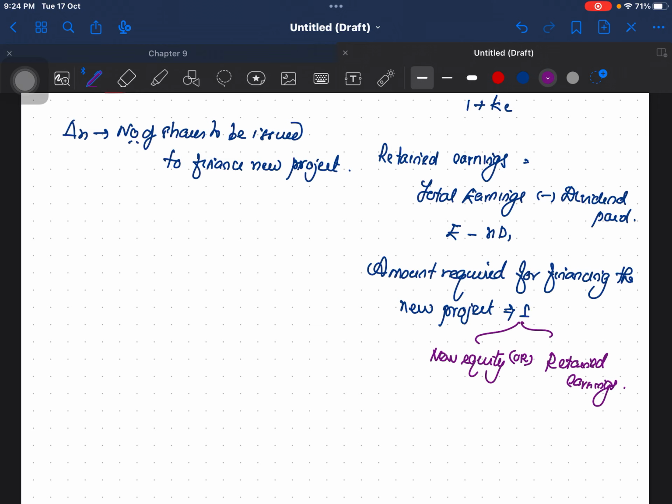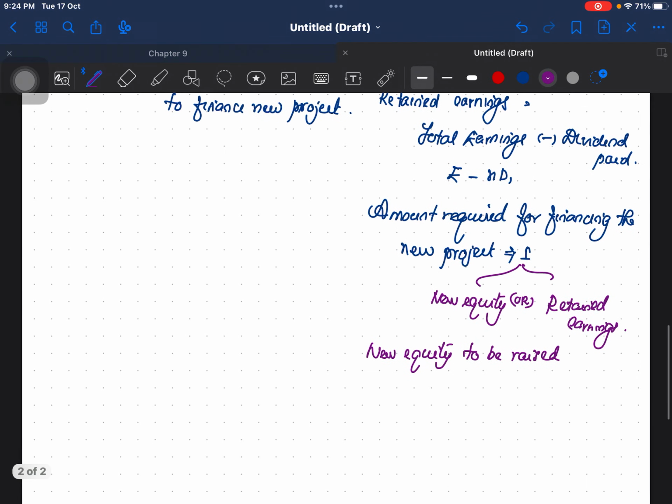So new equity to be raised is equal to, what is new equity to be raised? New equity to be raised is I, the total fund required, minus retained earnings, because whatever retained earnings are available, that much fund you don't have to raise extra.